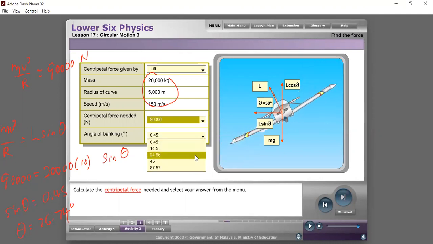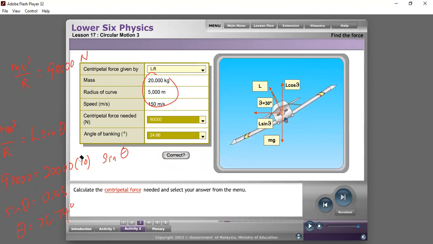Okay, so that means the nearest is 24.66. So that means that here we should not use 10. Maybe we should use 9.81. We try to use 9.81 and see how much it is.